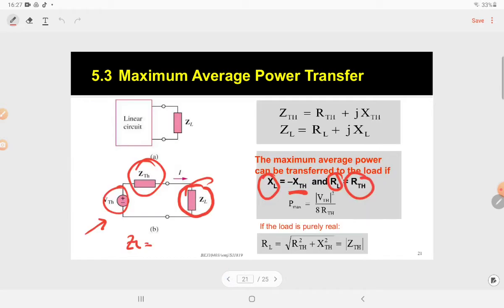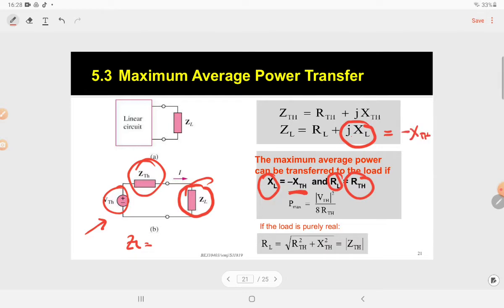We know that ZL equals RL plus jXL, and ZTH equals RTH plus jXTH. So in order for maximum average power to be transferred to the load, this part must be equal to negative XTH.